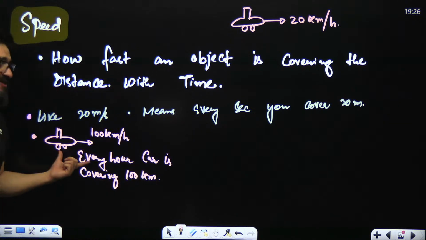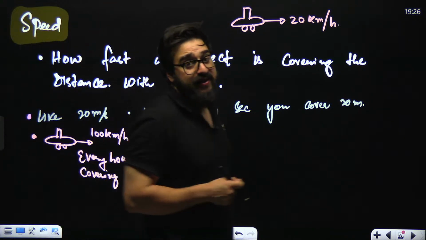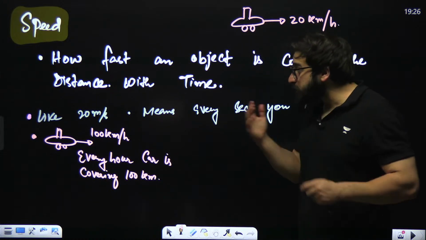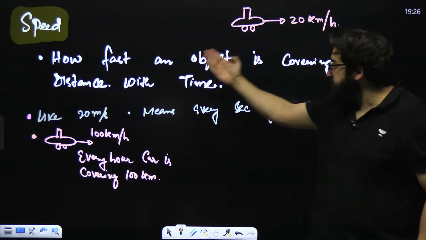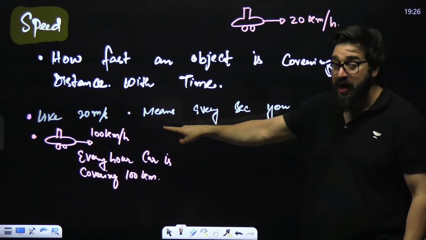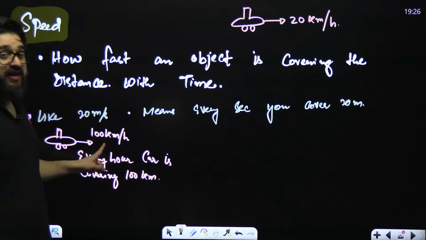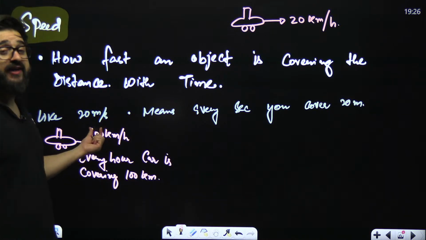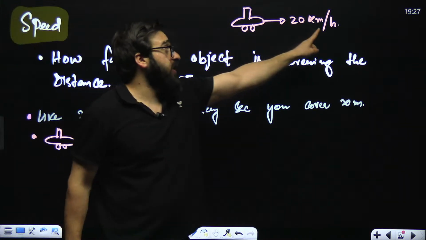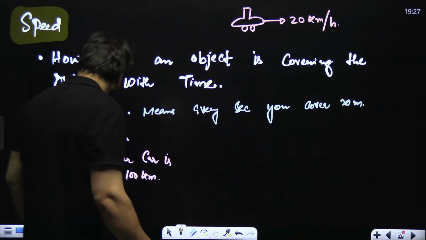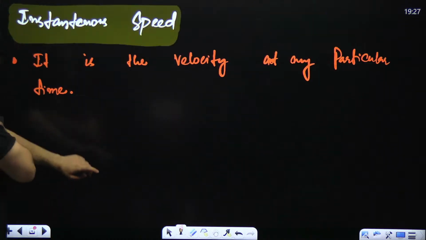Can I say this is moving faster? Yes, sir. Can I say its speed is more? Yes, sir. So that's what is mentioned over here: how fast an object is covering the distance, how fast an object is moving. It is covering the distance very fast, because in 1 hour it is covering 100 kilometers, while in 1 hour the other covers only 20 kilometers. So this is what speed is all about.